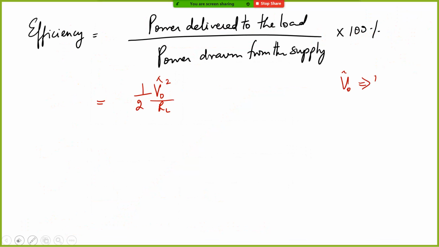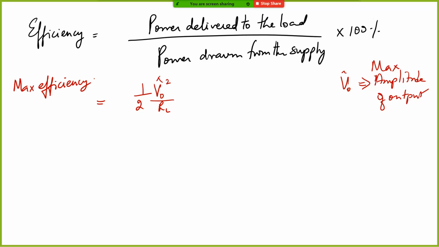So it is V naught squared, where V naught is the amplitude of output, let's say the max amplitude of the output. Right now we are trying to measure what is the max efficiency. What is the maximum efficiency?